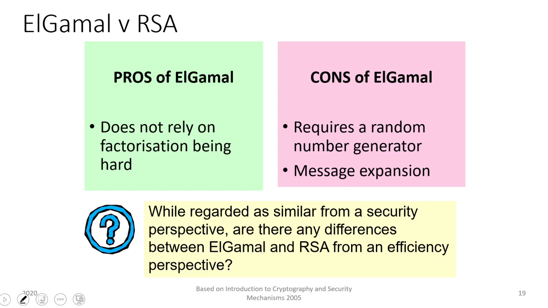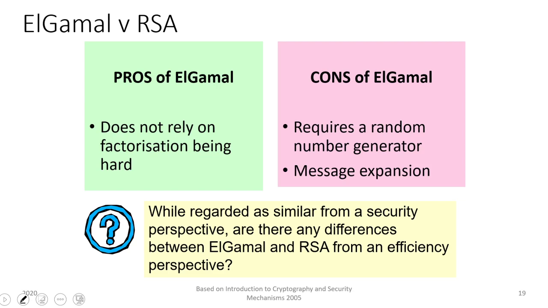When we talk about ElGamal and RSA, there are different reasons why we may use one or the other. For example, ElGamal doesn't require hard factorization as the underlying mathematics, whereas it requires a random number generator.